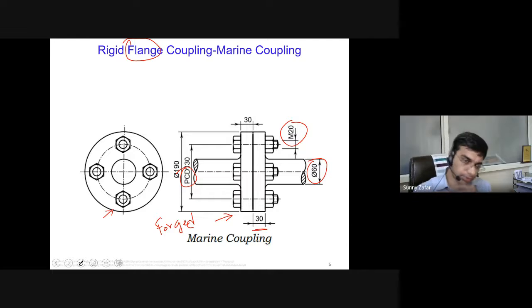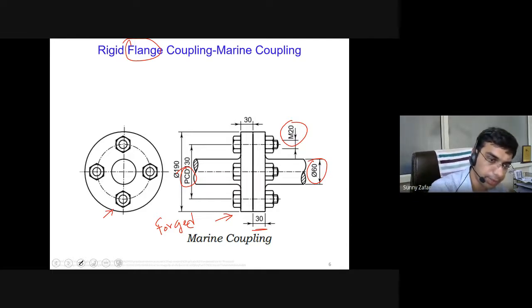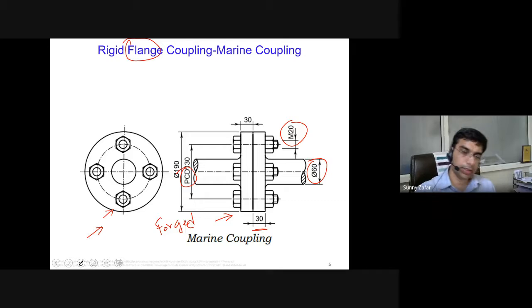So you can understand from this drawing, this will be the side view of the coupling, that is a marine coupling, and this is the front view. So what is important here, that since flanges are integrated with the shaft itself, we don't need a key.